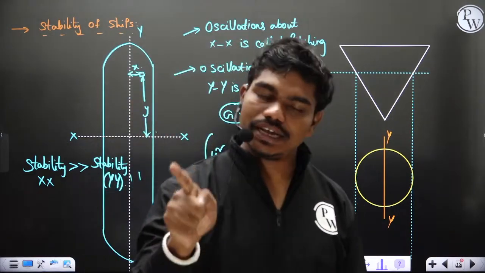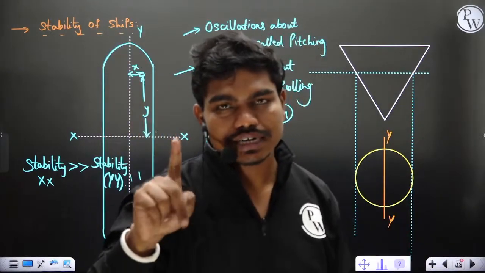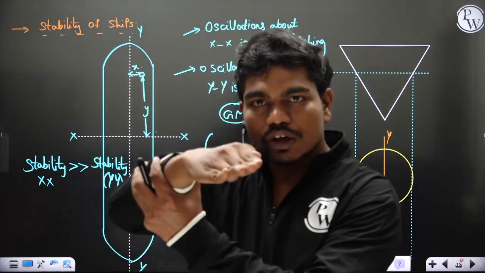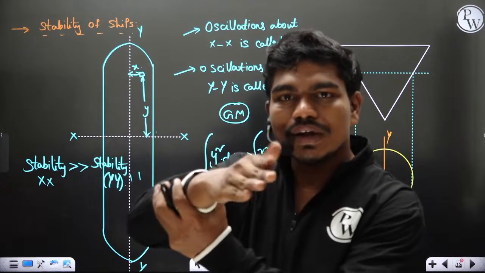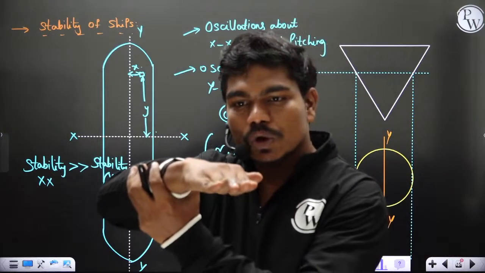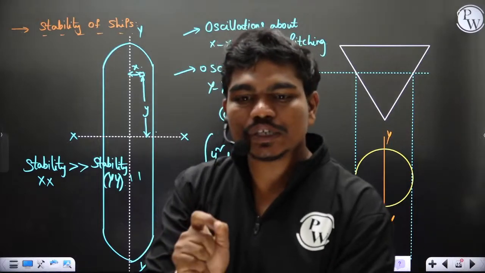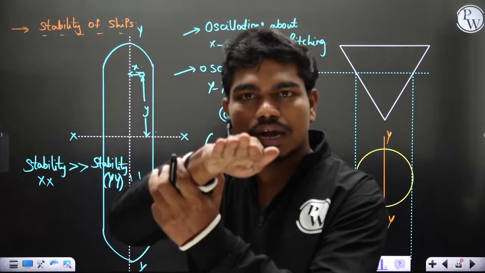For safety, yes, 100% you have to increase your metacentric height. But for comfort, I'll explain one simple thing. Let us suppose for one oscillation the time taken is 10 seconds. In 10 seconds, the ship slowly goes down and slowly comes back. But now suppose the time period of oscillation is just 1 second. Then within 1 second the ship goes down and comes up.